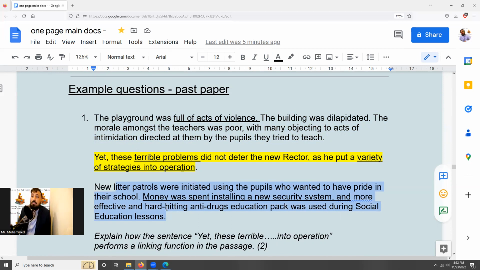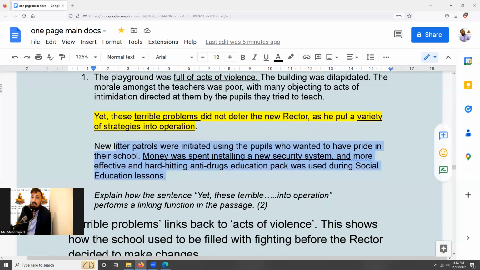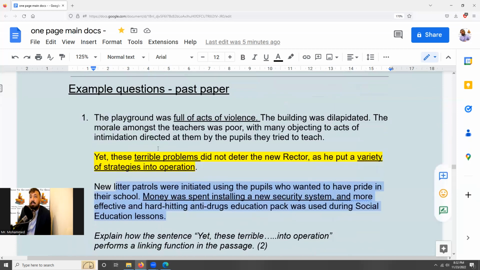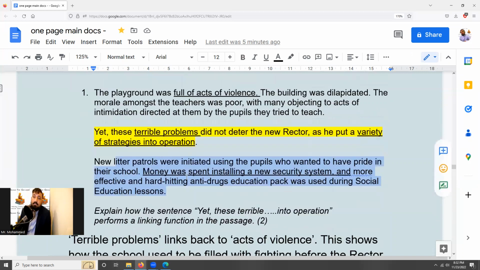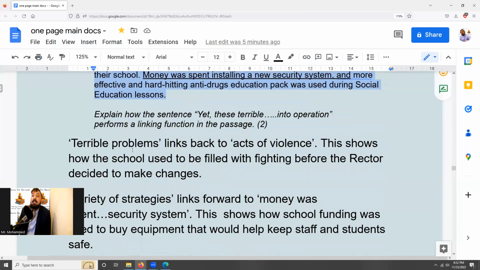Okay, so now what I'm going to do is give you a very quick example answer. We've underlined the parts of the link. I know which part links backwards. I know which part links forward. So now I can do my answer. And what I do is I begin with the link.